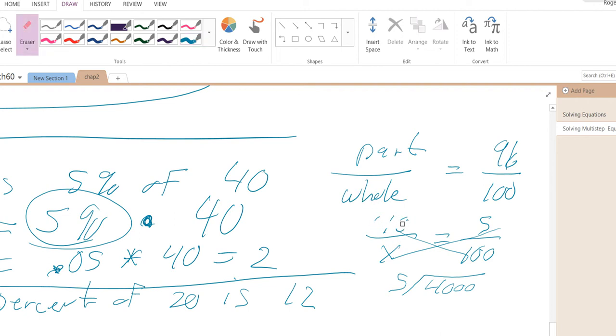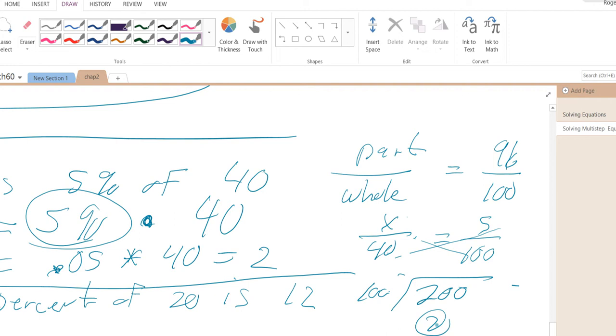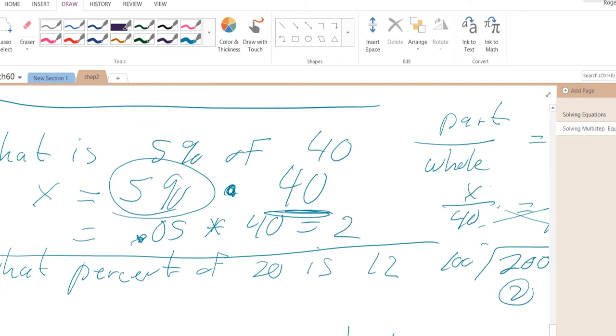That makes sense. Yeah, 40 is the whole. And X is the part because we don't know what the part is. So then we would have 200 divided by 100. And there's where the 2 comes in. Yeah. Okay. Since we know 40 is the whole in that case.